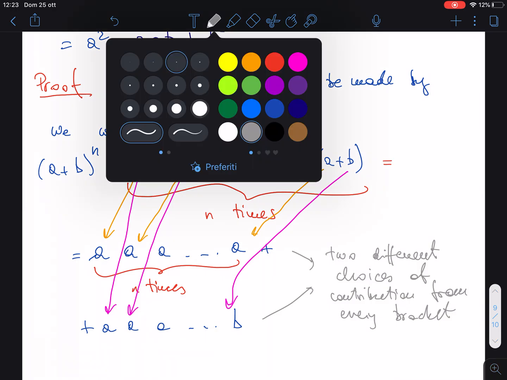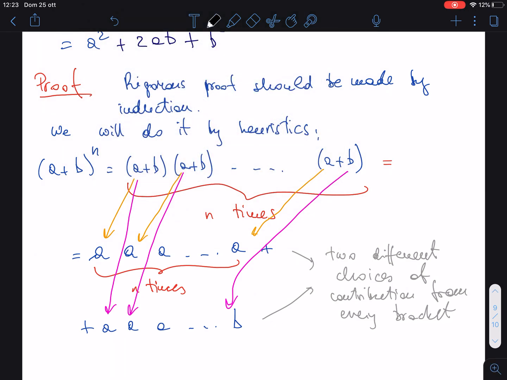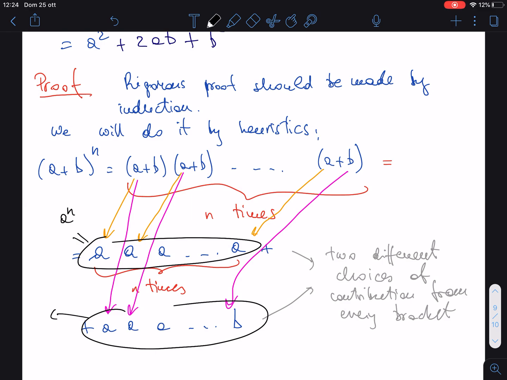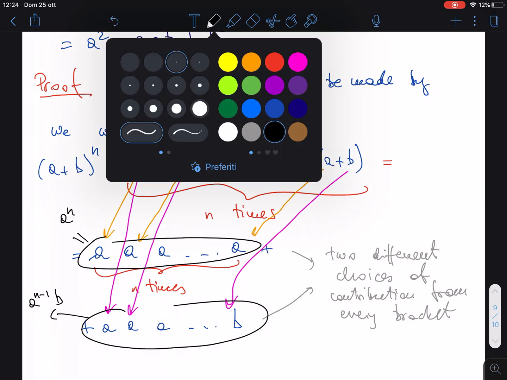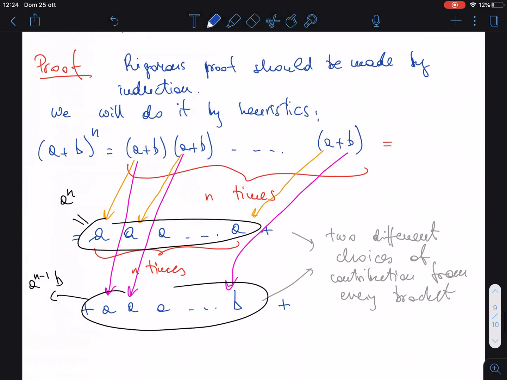So, of course, as you already understood, here there is a first contribution which gives you A to the n, and the second gives you the term A^(n-1) b. Oh, sorry. Of course, this last A^(n-1) b can be obtained not only in this way, but with other choices.